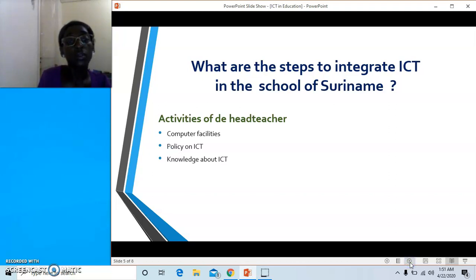The person also has to have knowledge about ICT because it begins on top. The head teacher, if he or she knows about ICT and wants to integrate the ICT, then the teachers can take that over. Involving parents and community.